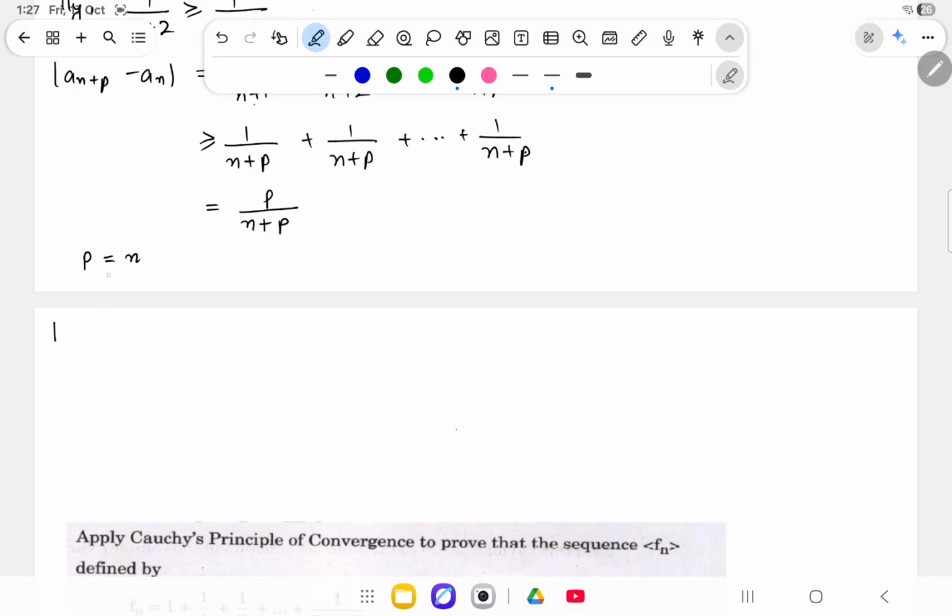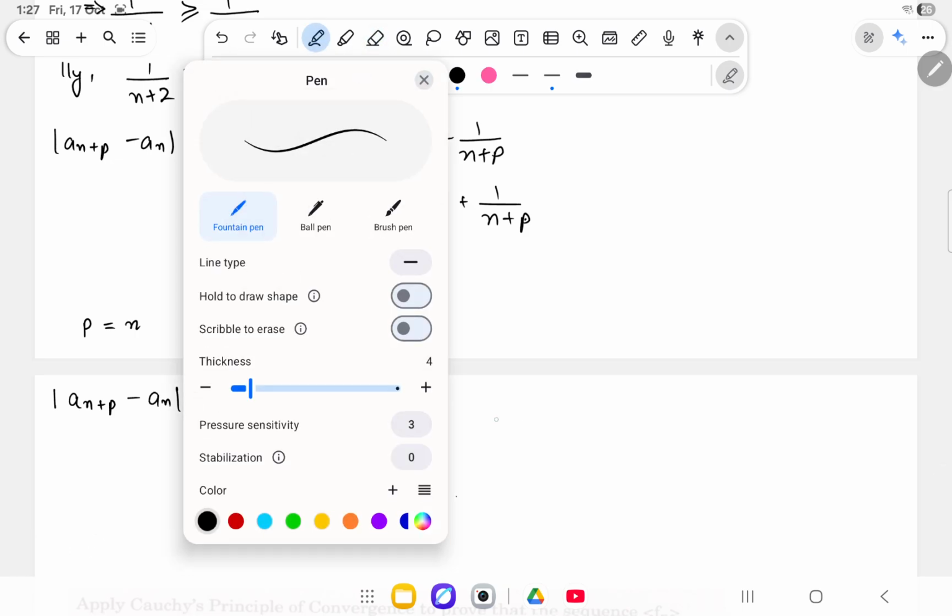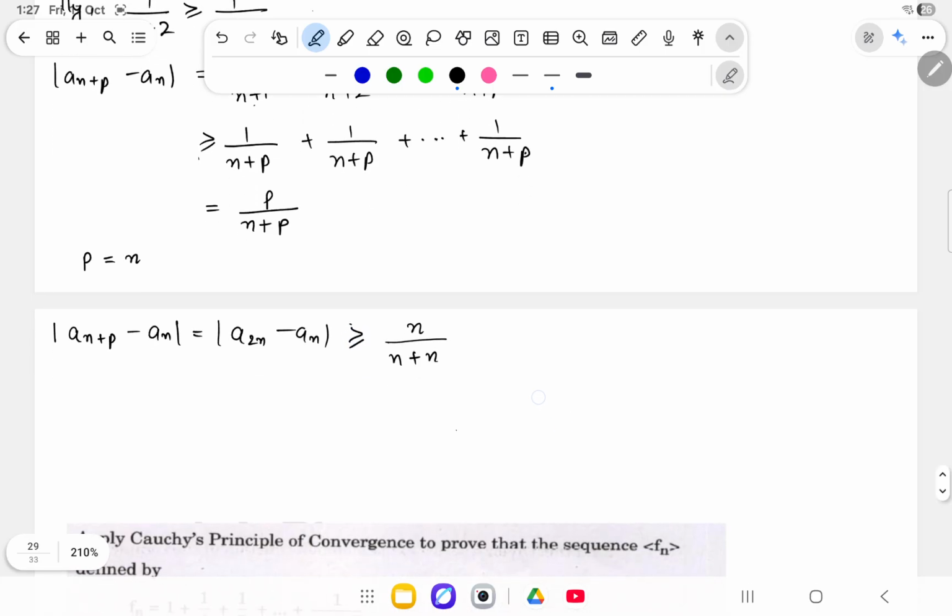So if I take this case where p is equal to n, my modulus of a n plus p minus a n will be equal to modulus of a 2n minus a n, which will be equal to n divided by n plus n, which will be greater than or equal to, because we got this sign earlier, n divided by n plus n, which is equal to 1 by 2.